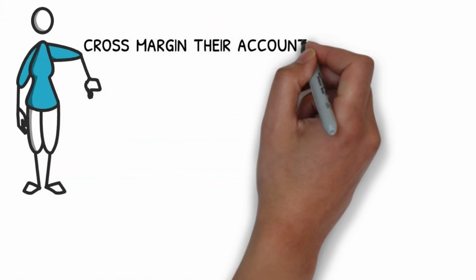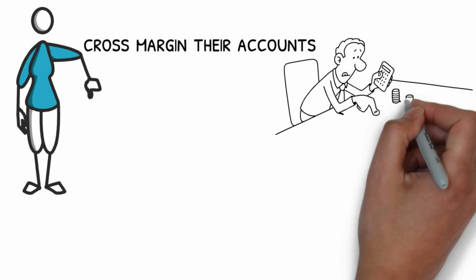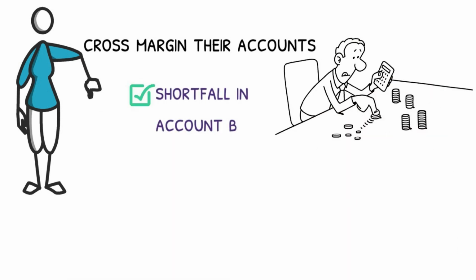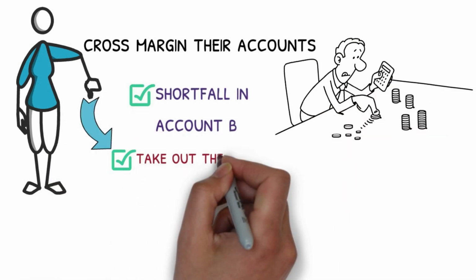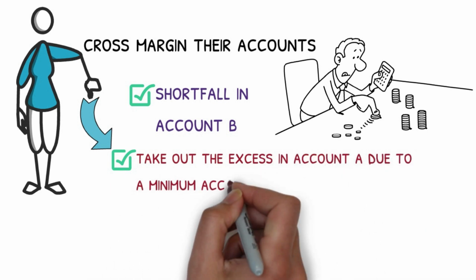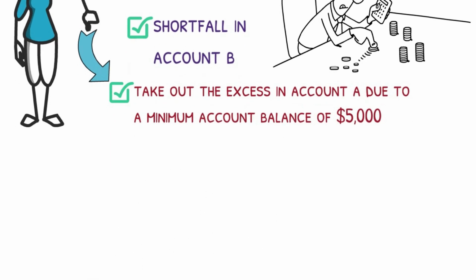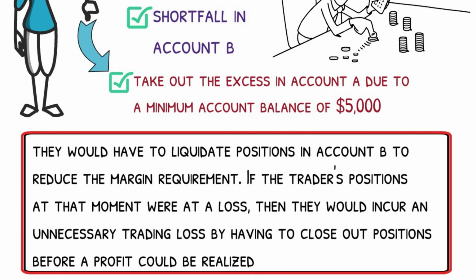If the trader could not cross-margin their accounts and did not have any available capital at the moment to meet the shortfall in account B, or was not able to take out the excess in account A due to a minimum account balance of $5,000, then they would have to liquidate positions in account B to reduce the margin requirement. If the trader's position at that moment were at a loss, then they would incur an unnecessary trading loss by having to close out positions before a profit could be realized.